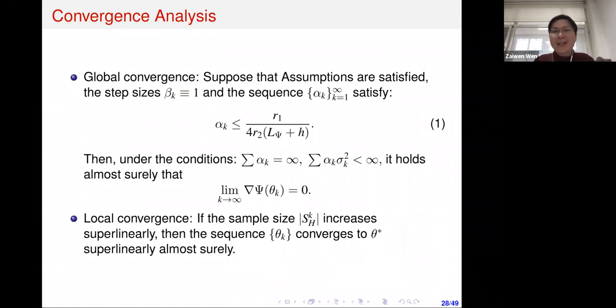No, it doesn't hold exactly, because we compensate the Hessian part by adding some quasi-Newton expression. Here is the global convergence. Under those assumptions, we can show the gradient converges to 0 almost surely. And if the sample size increases sufficiently fast, then the sequence also converges superlinearly almost surely.